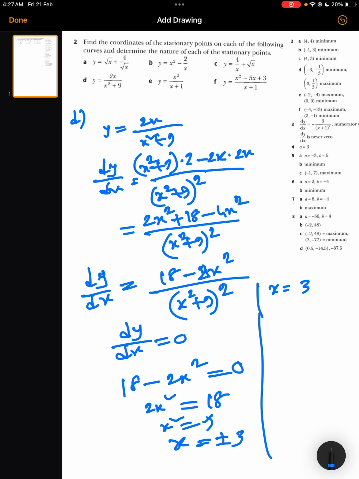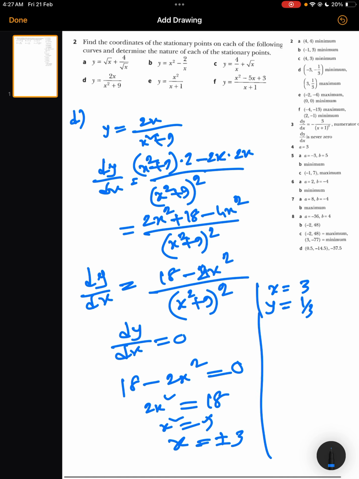When x is equal to 3, y would be 6 by 18, 1 by 3. When x is equal to negative 3, y would be minus 1 by 3.